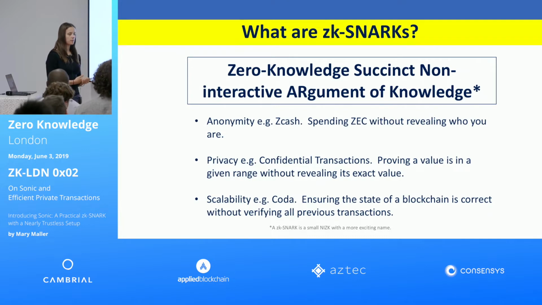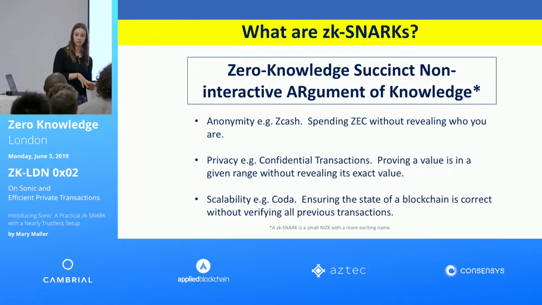So here are three example situations where we'd want to use a SNARK. There's anonymity: you might want to spend some currency without revealing who you are. There is privacy, and this isn't so much about not revealing who you are, this is more about revealing what's inside your transaction. It might be a ranged proof, trying to show that a value is between 0 and 10.